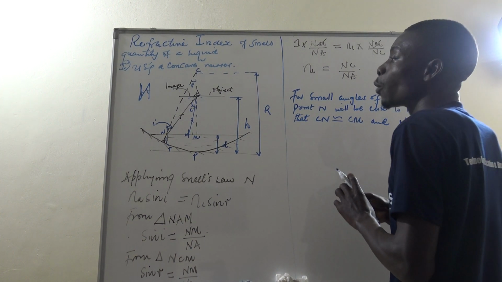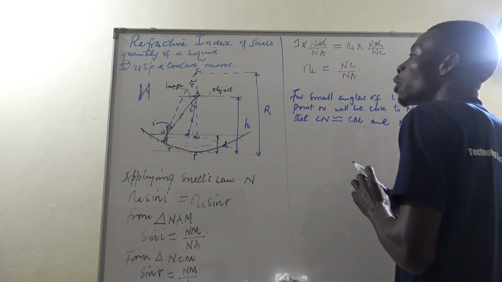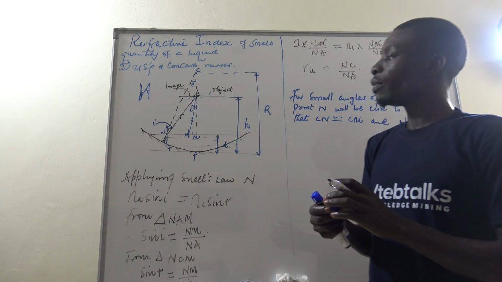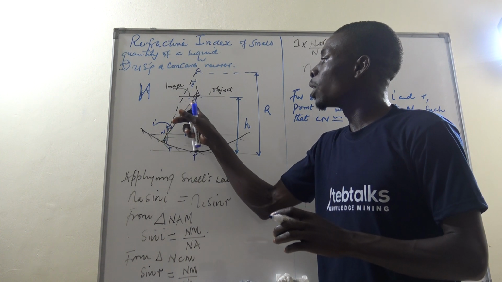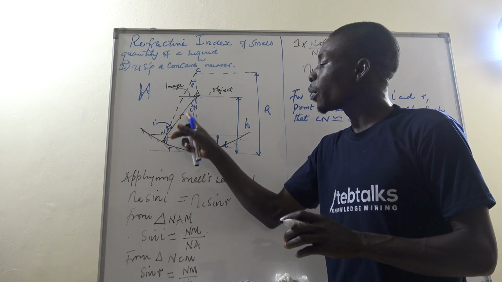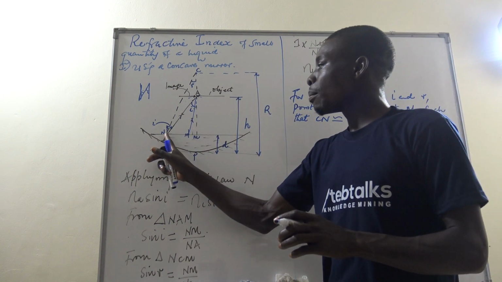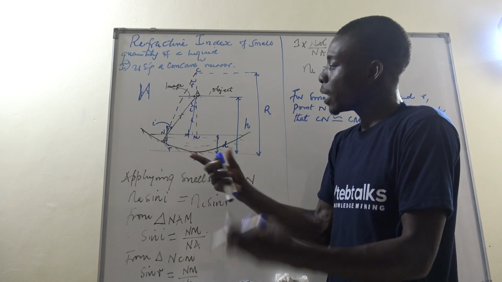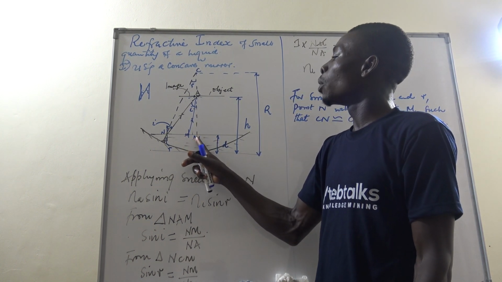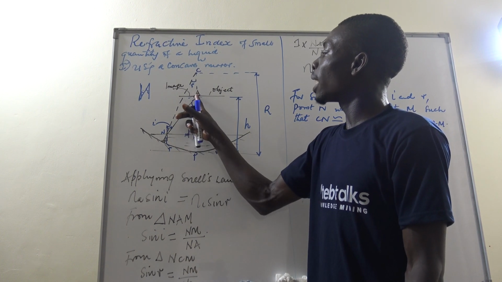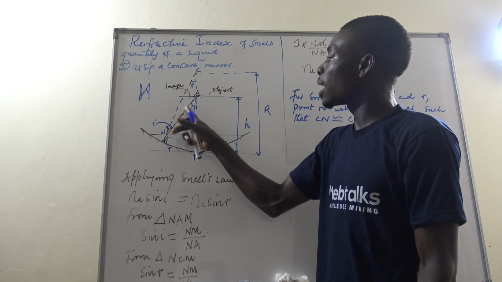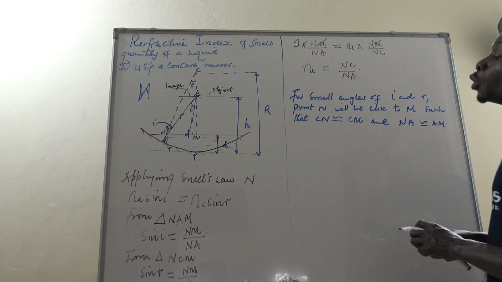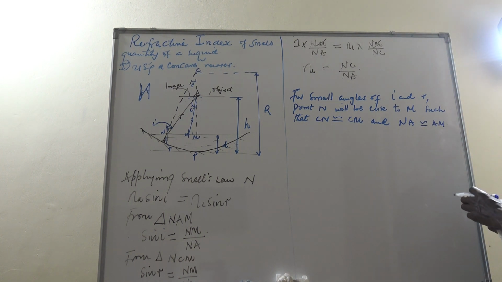It is an assumption that we are dealing with smaller angles of I and R. If those angles are too small, what is very true is that if you reduce I to a very small angle, point N is shifting close to point M. So if N is coming close to M, this distance can be taken as this, and this distance as that. It is just an assumption that you should make. It is one of the marking points.